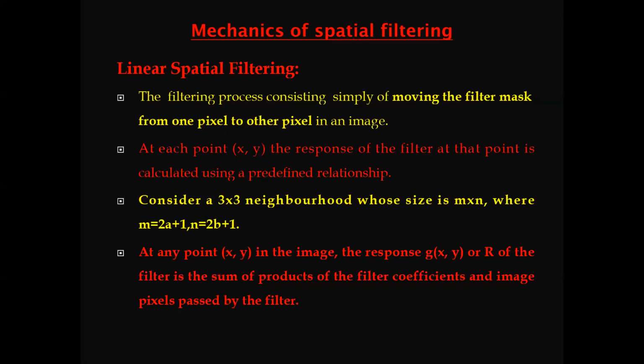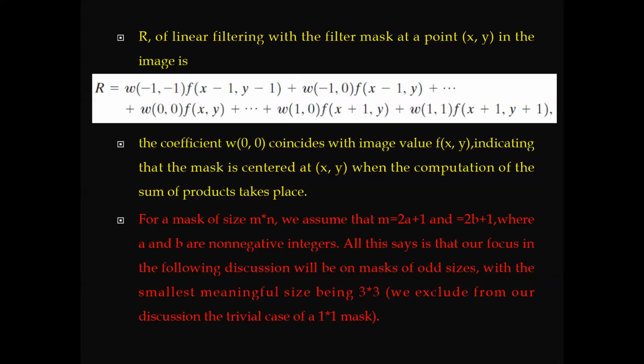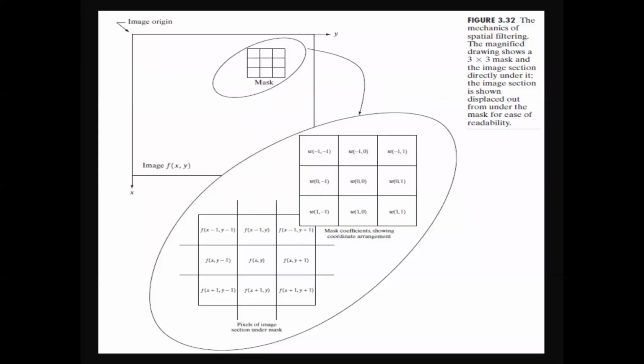At any point (x, y) in the image, the response, that is the output g(x, y), or we may call it capital R of the filter, is the sum of the products of the filter coefficients and the image pixels covered by the filter, and this can be defined with an equation.